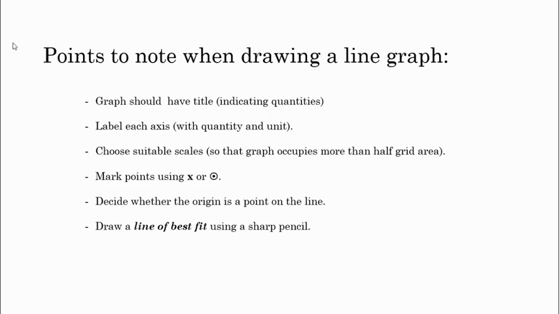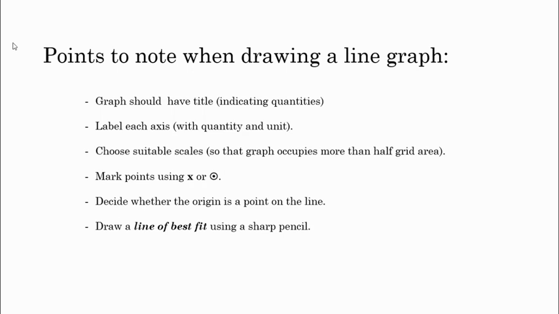And as a rule, the labeling of the axes must correspond to the title. So whichever quantity is named first in the title goes on the y-axis. Whichever quantity is named second in the title goes on the x-axis. So generally it's y against x.